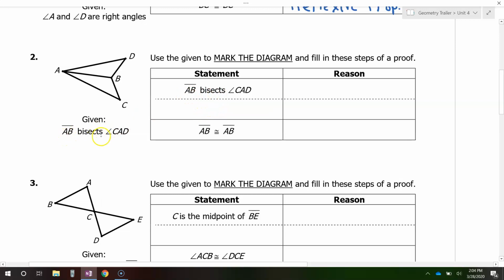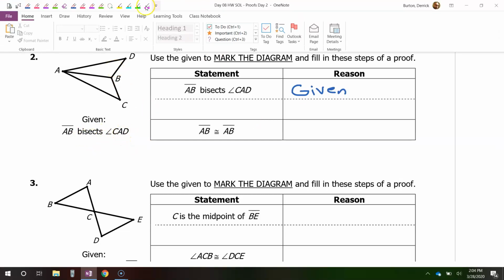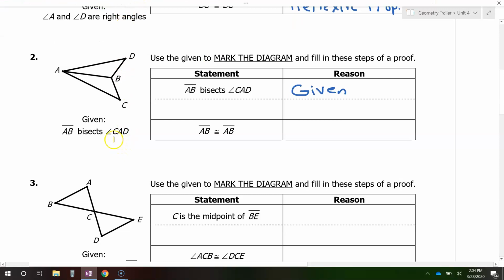Okay, AB bisects angle CAD. That is given. How do I mark that in the picture? Remember that bisect means to cut in half. So, angle CAD, that's this angle right here.